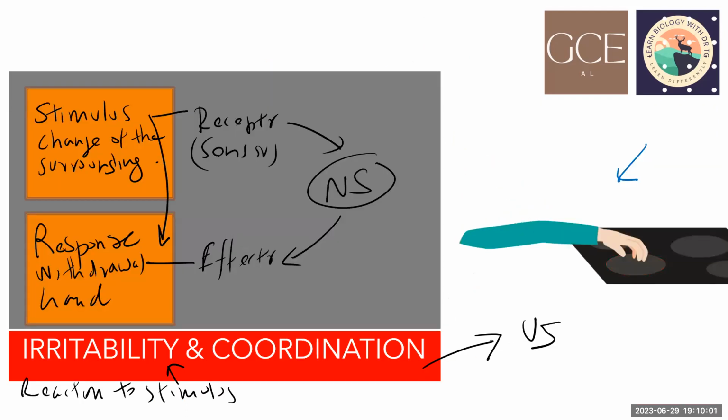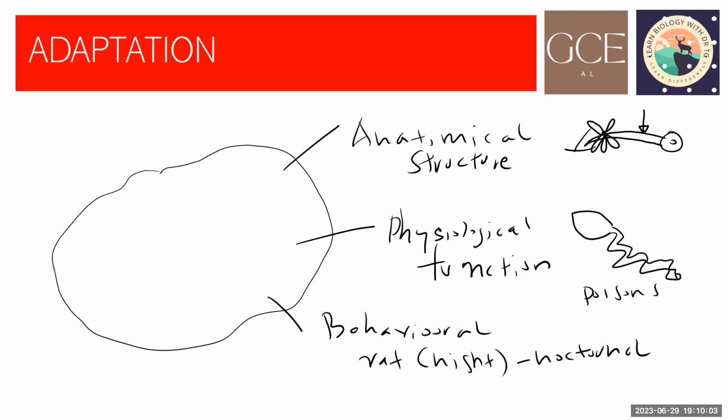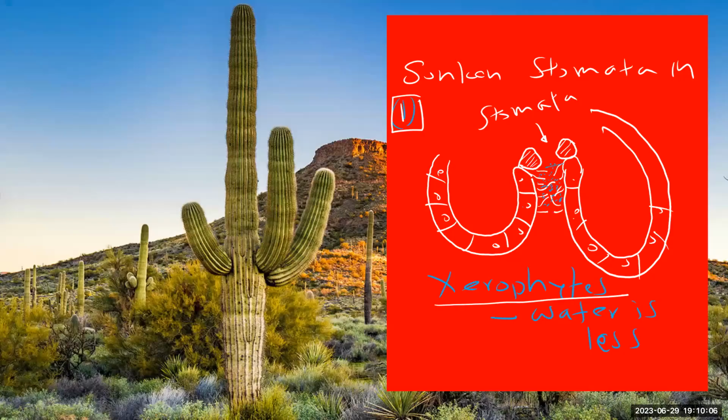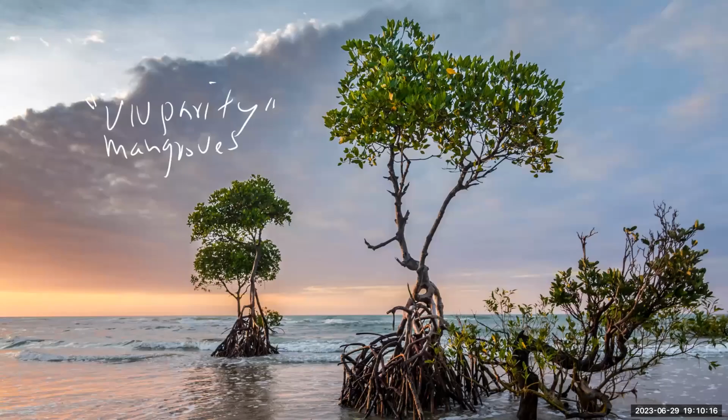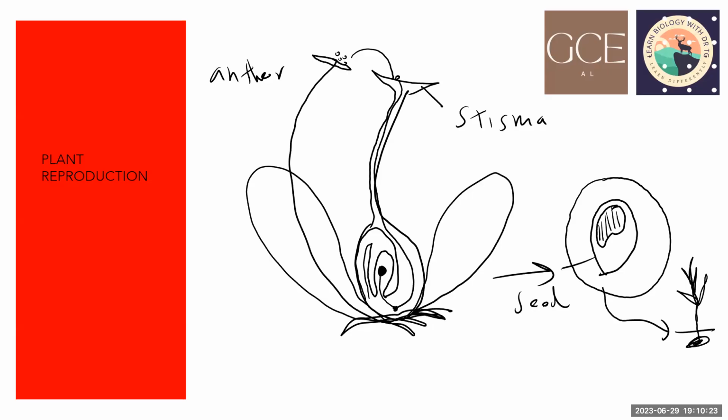Irritability and coordination, a separate lesson will come. This can be asked, what are the main adaptations showed by living organisms? List 3 adaptations showed by the living organism. This question has not been asked, but there is a chance of asking. We're going to learn these things again.